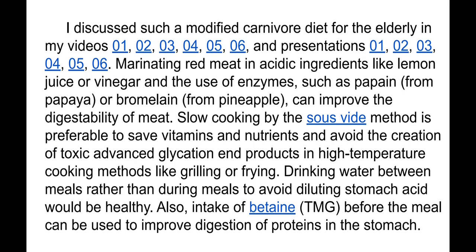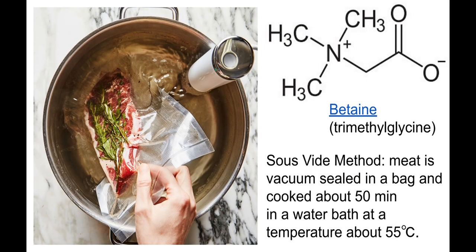Intake of betaine or trimethylglycine is also recommended before a meal to improve digestion of proteins in the stomach. I personally rely more on organ meat than on red meat.